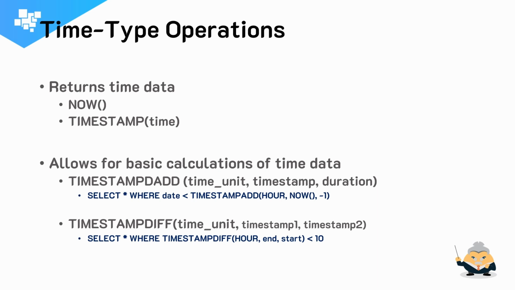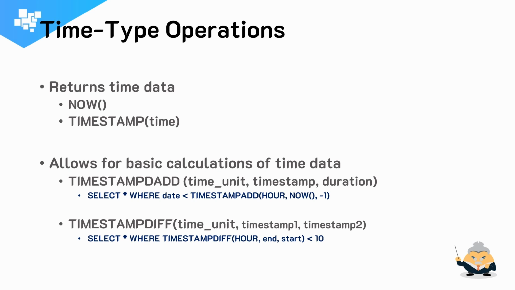And for the time unit, we did hour, so it'll search by hours. And then timestamp is now, so you don't actually have to find what the current time is. You just use now, which is very useful. And then -1. So basically, it'll find all the values from an hour ago, basically. So it's a very easy way of trying to query time.